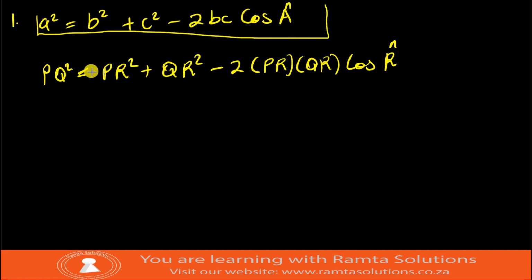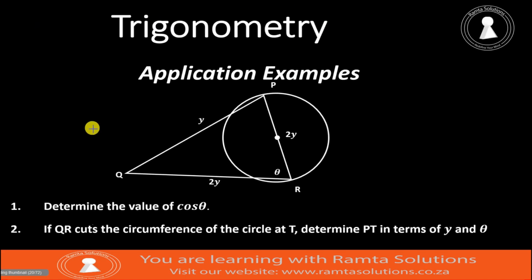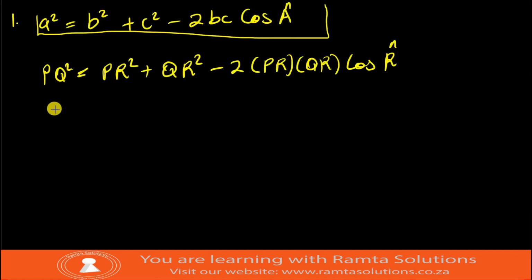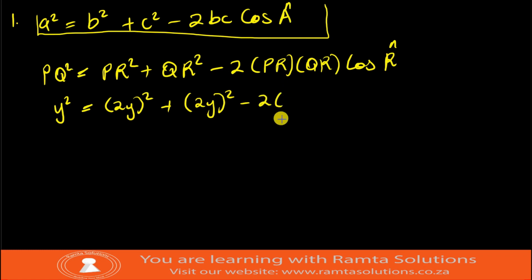All right, so we are told that PQ is Y. Can you see that? It is Y and the other sides are 2Y. So we have Y squared, 2Y squared, 2Y squared, and then again 2Y and 2Y.